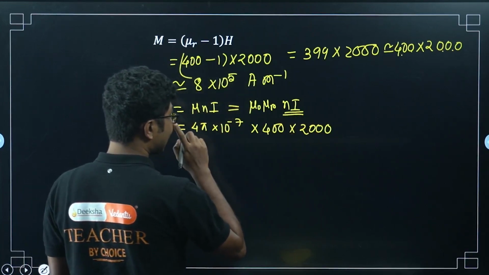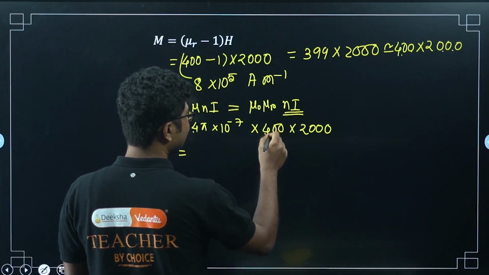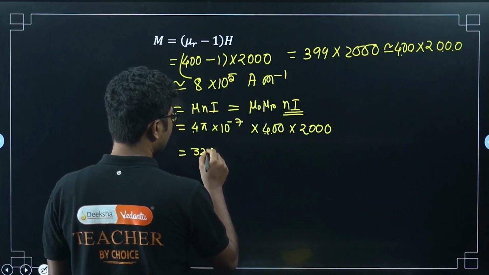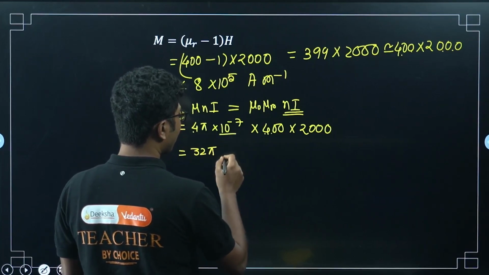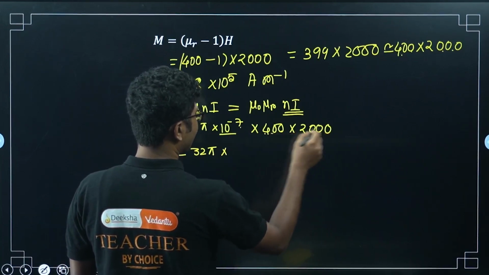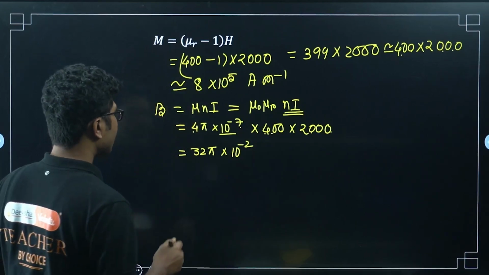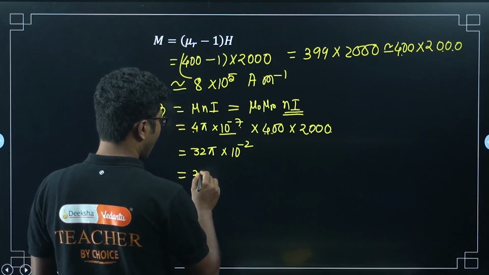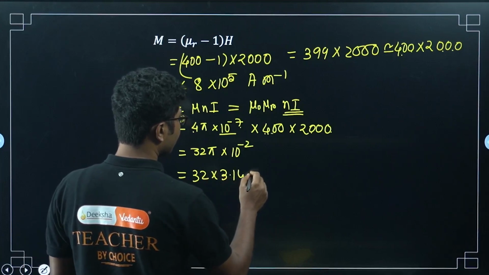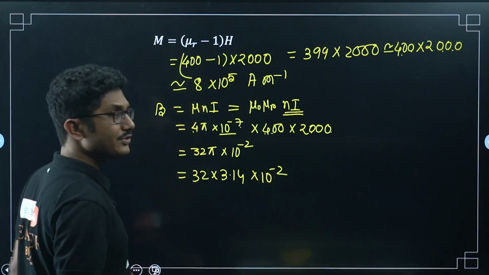Now let us calculate the values. 4 4s are 16, 16 2s are 32. So 32 pi, 10 to the power of minus 7 plus 5 minus 2. Now 32 pi means 3.14 times 10 to the power of minus 2. What is 32 times 3?